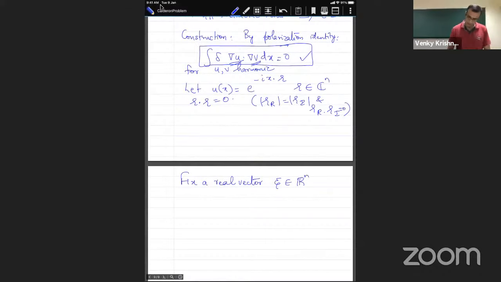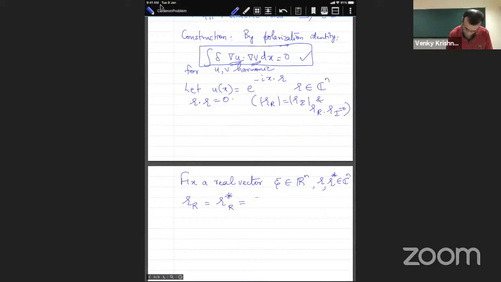Okay, and let us take our zeta R. Now the vector c is fixed. So now you consider two complex vectors, zeta and zeta star belonging to Cn, such that zeta R is equal to zeta R star.